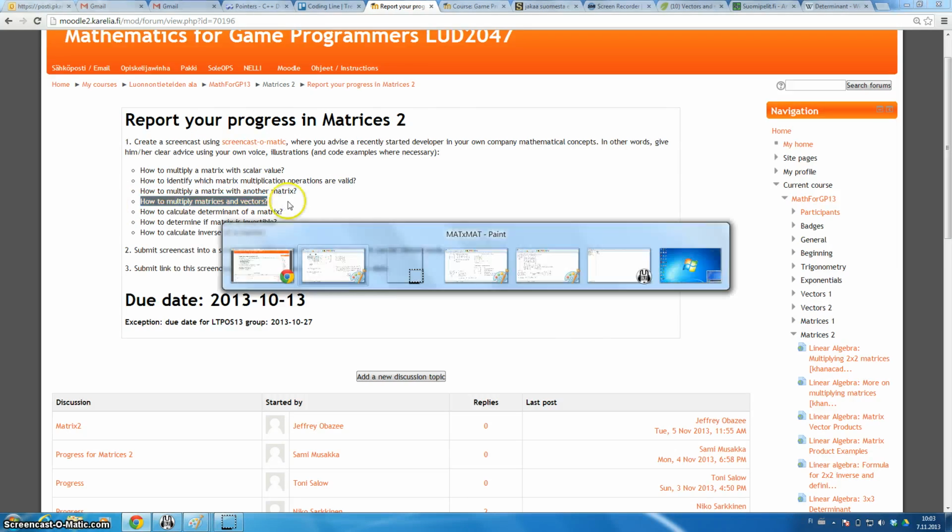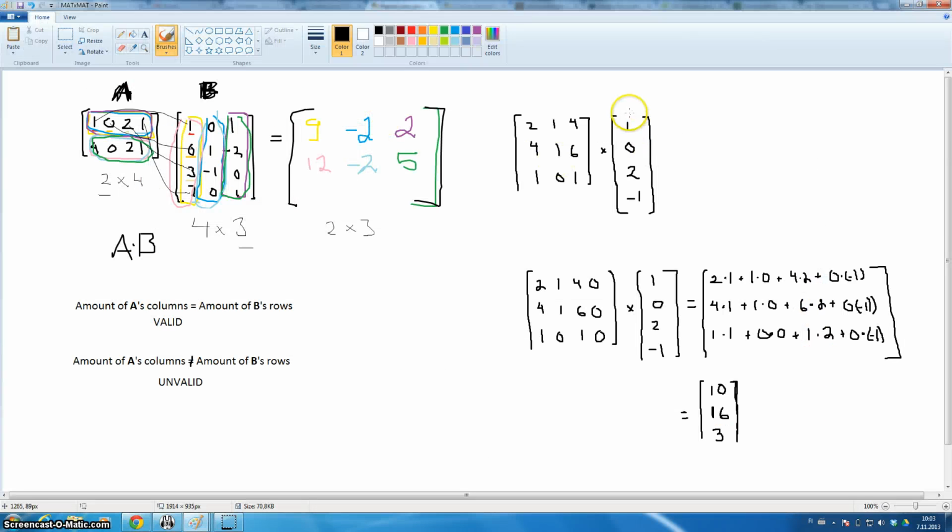Okay, then how to multiply matrices and vectors. A vector is just one row or one column, like a one-column matrix. So this time we find out that this matrix and this vector cannot be multiplied.